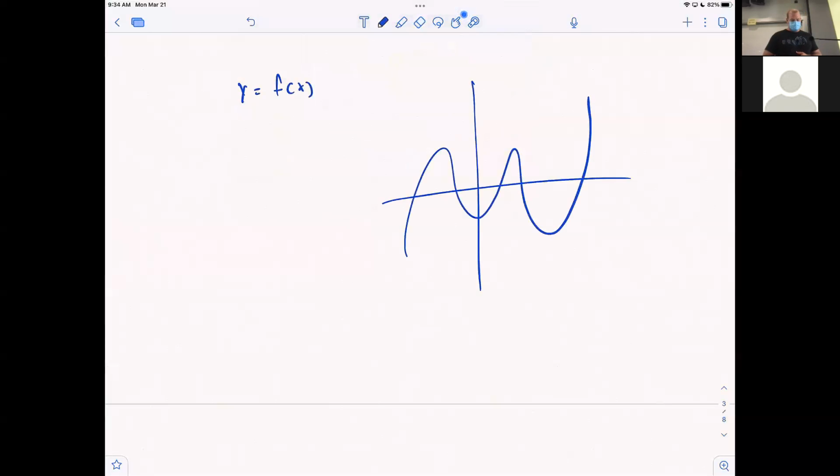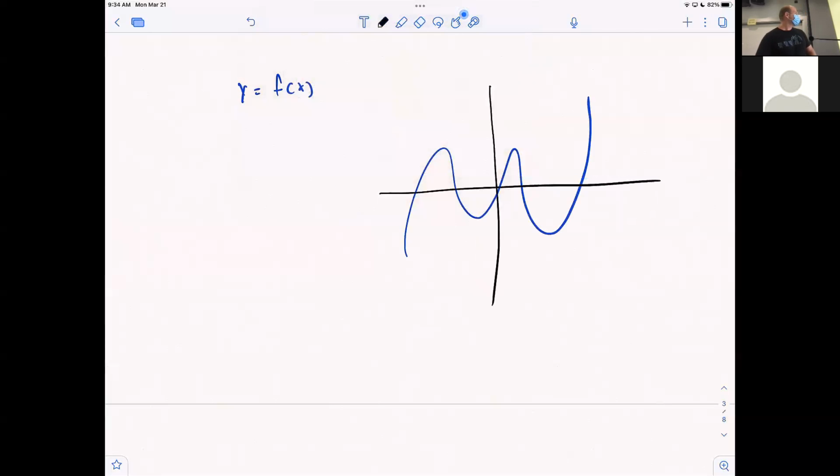So here is a blue function on a black axis.